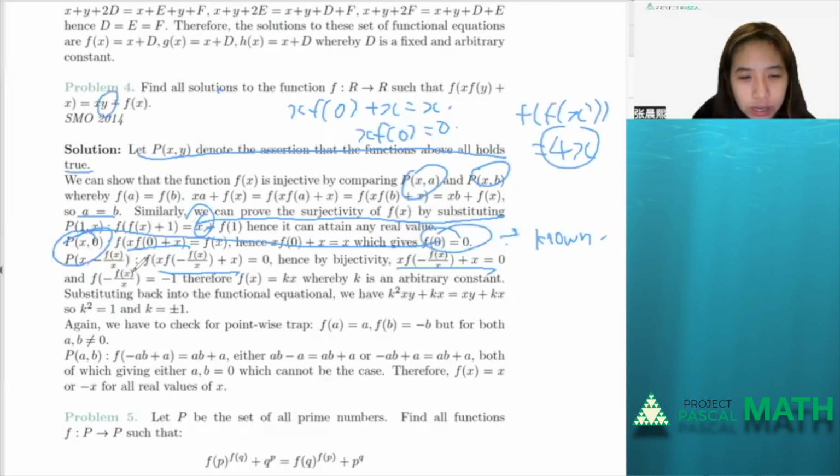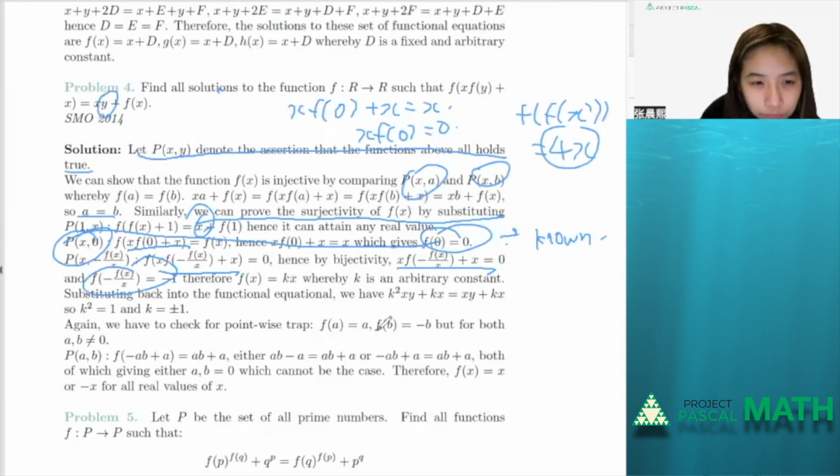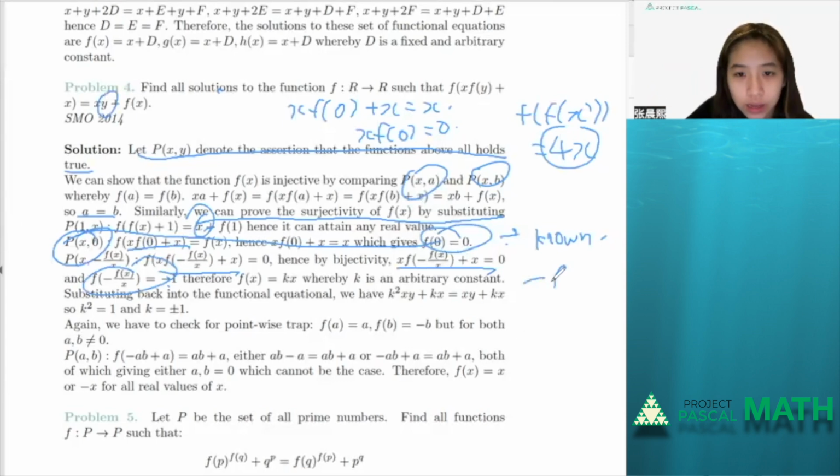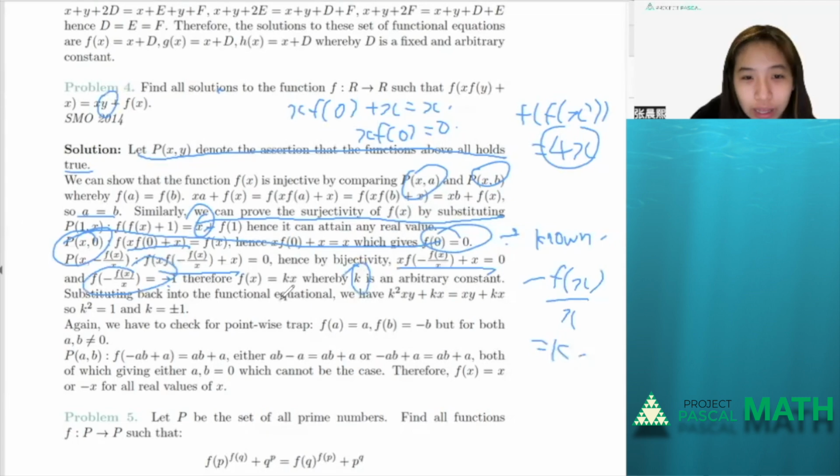And so this thing is equal to negative 1. And hence, since this is also bijective, this is the constant. So negative f(x) over x equals k, whereby k is some arbitrary constant. And you sub it back to the functional equation, you get this. So you're able to get the two different values of k equals plus minus 1.